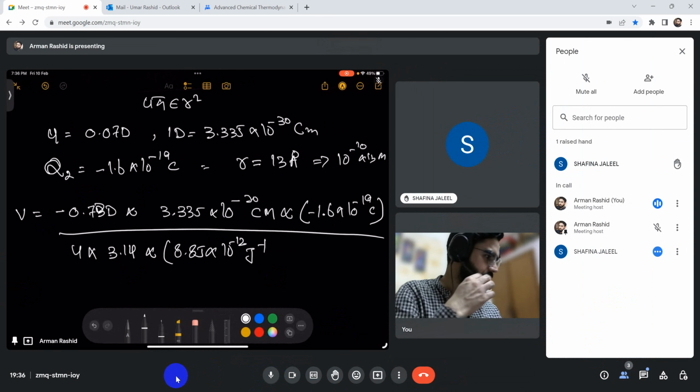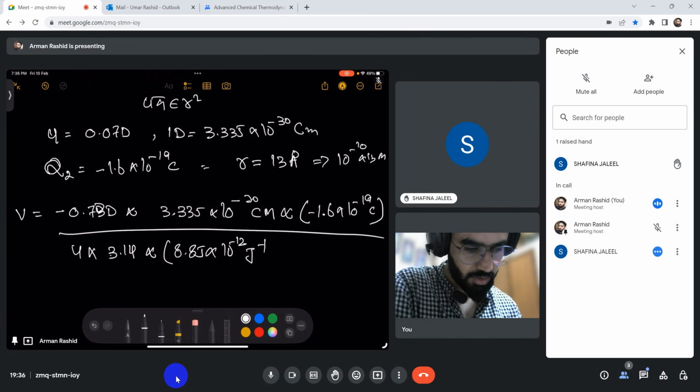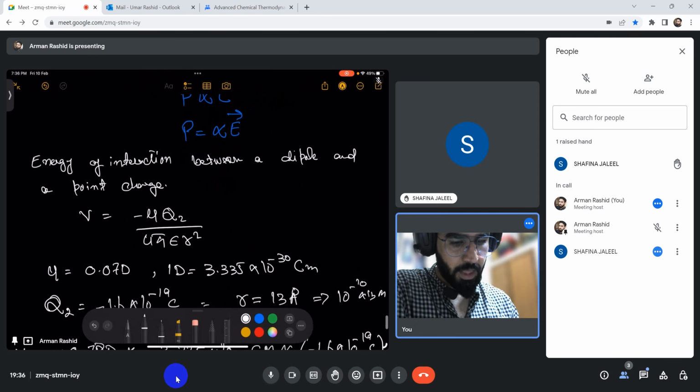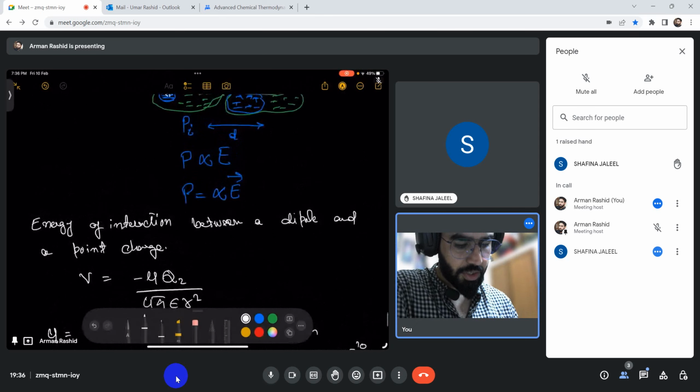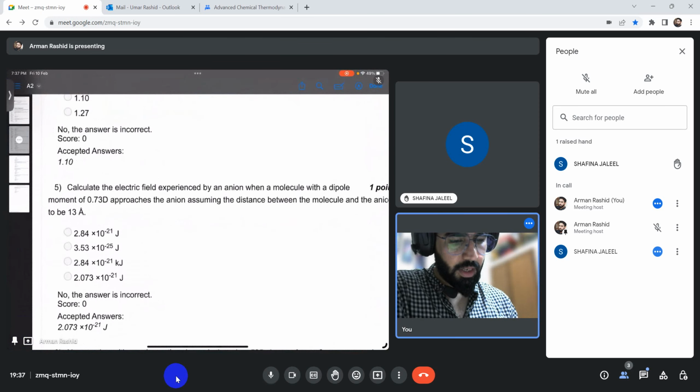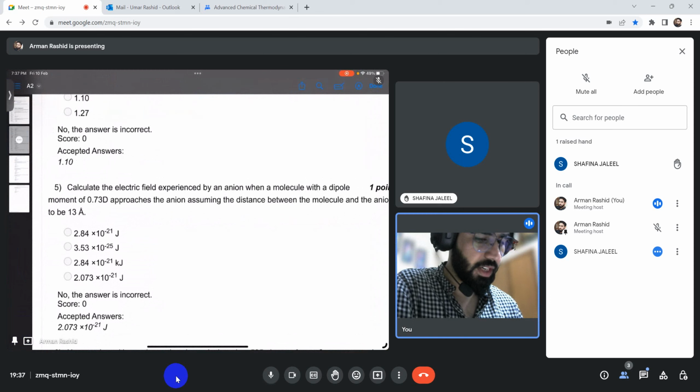Oh, okay, sorry. So we are trying to solve the problem. We have to check the electrical field that is actually experienced by an ion, a point charge, when a molecule with a dipole moment of this value is approached.